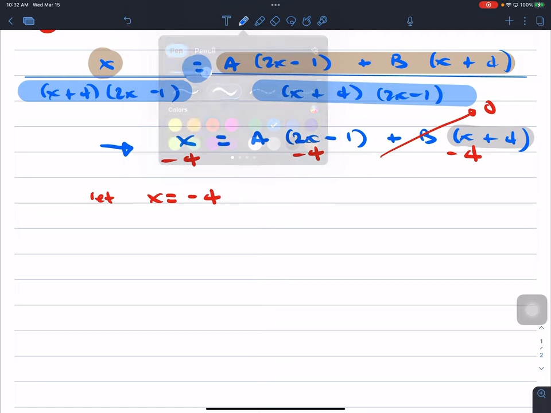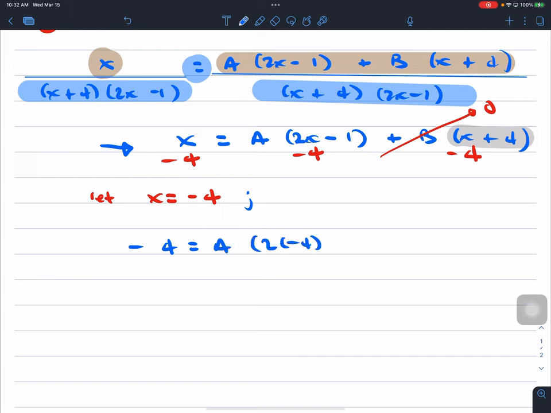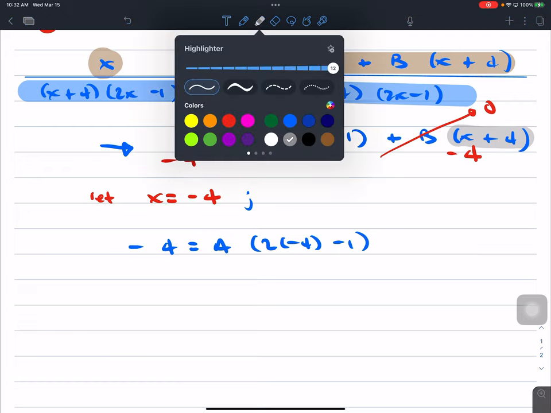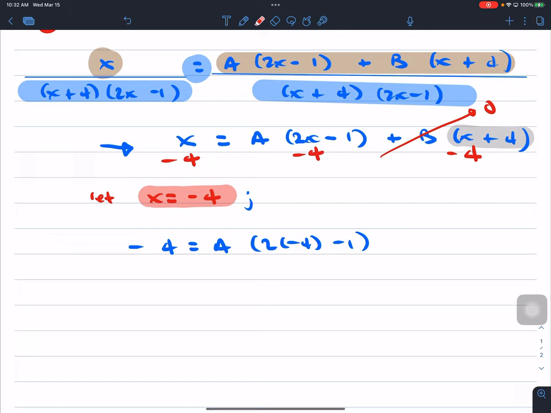So, on the left, negative 4 equals A times 2 times negative 4 minus 1, plus B times 0. I don't even have to write it down because I know that goes away. That's why I chose the value for x to be negative 4. And then you get negative 4 equals A times, isn't that negative 9, by the way? Double check.